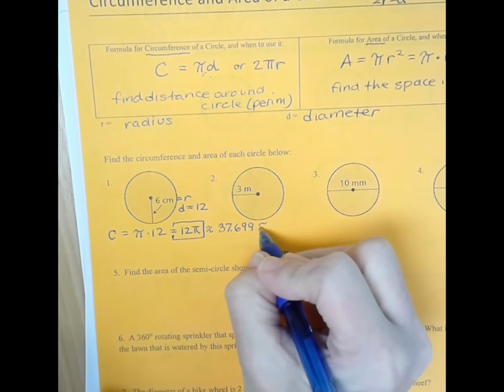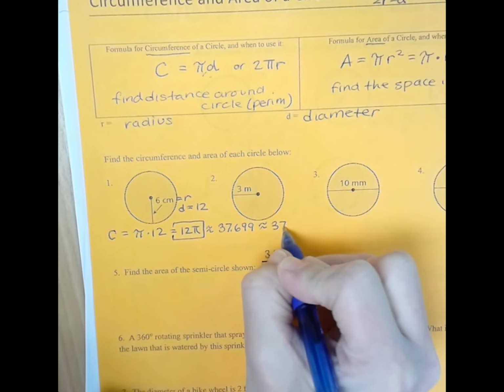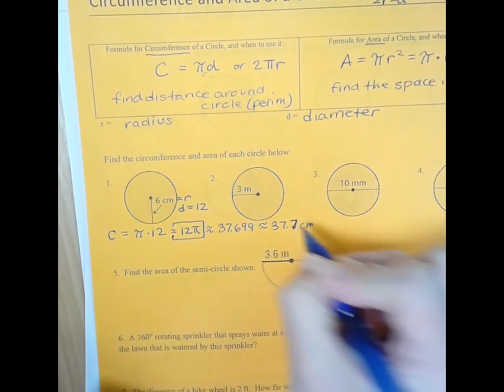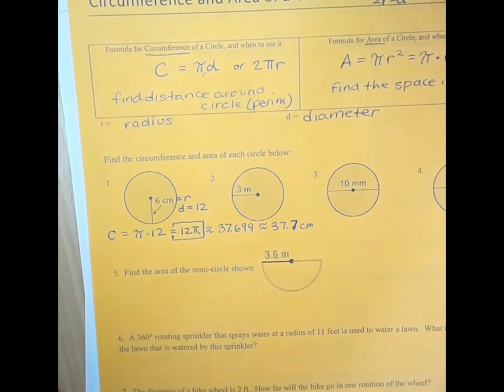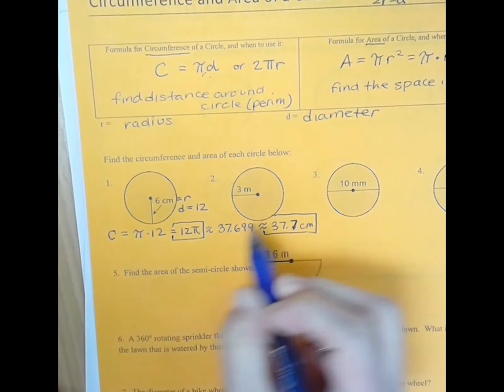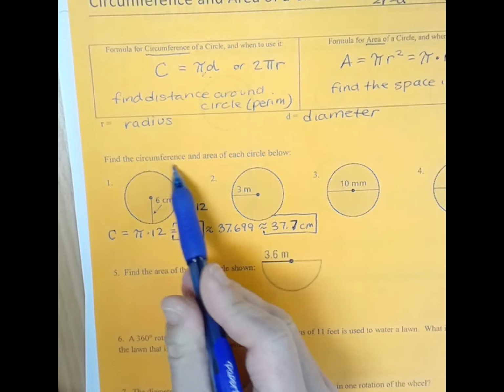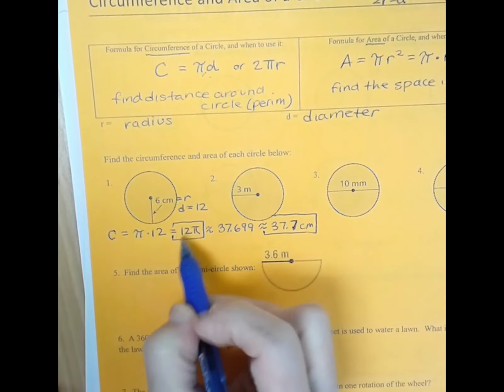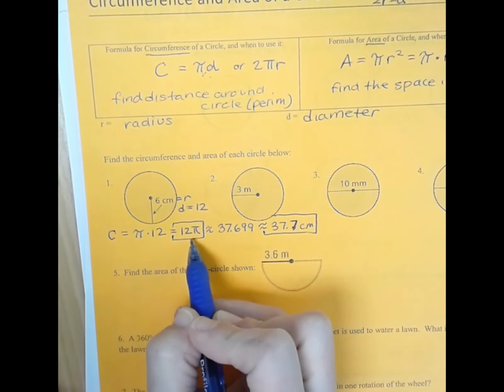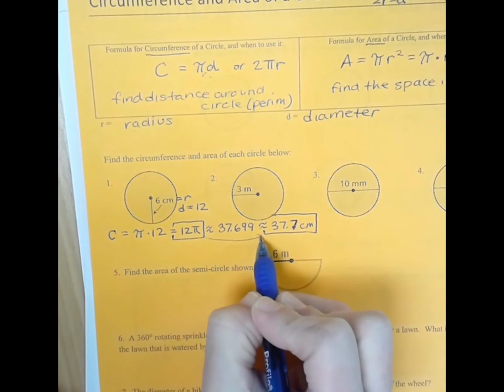So we're going to say 37.7, and the label would be centimeters. So we have two different answers. This is an approximate distance around the circle, 37.7 centimeters. This is what mathematicians like to leave their answer in terms of pi, but these equal the same thing.